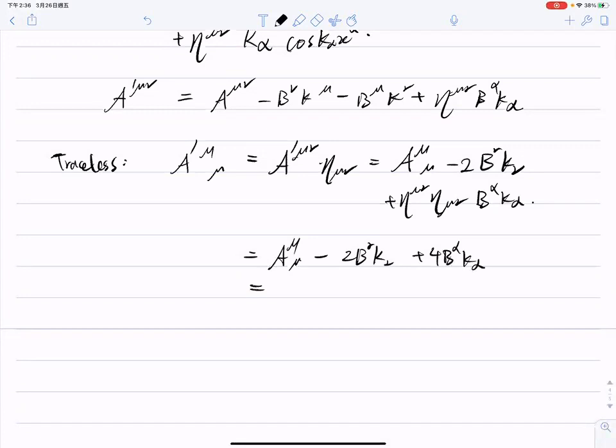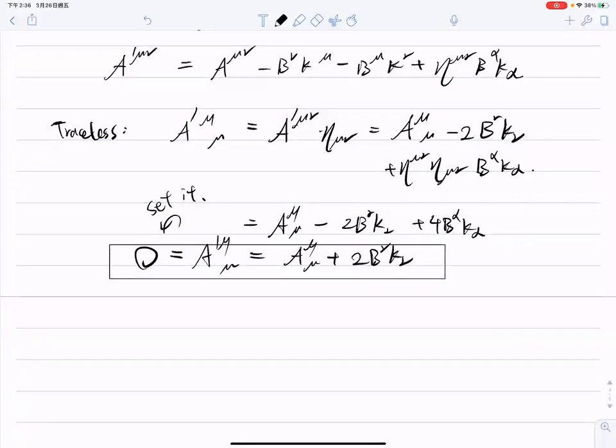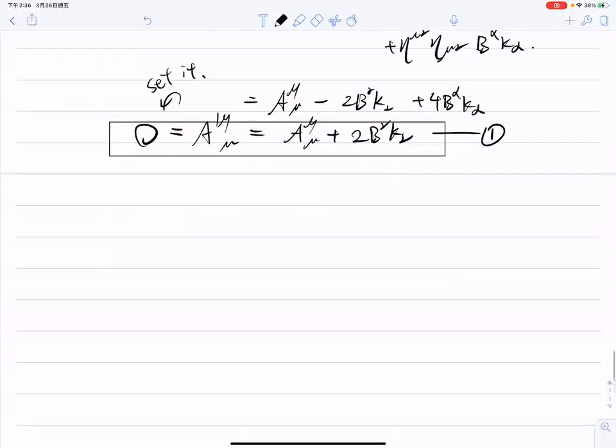Finally, we can find something like that, and we make sure it is equal to 0. Set it equal to 0. Okay? And we find a new expression. Okay, we name it to be 1.